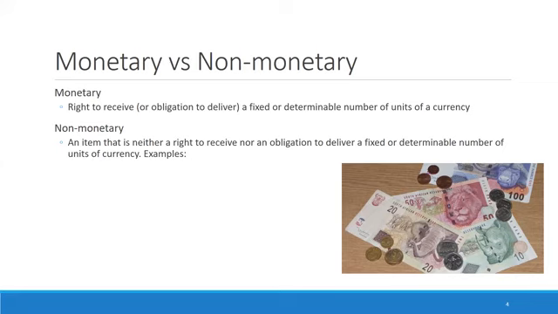This is an item that is neither a right to receive nor an obligation to deliver a fixed or determinable number of units of currency. Some of the examples that you are already familiar with include PPE, intangible assets, inventory, and prepaid expenses. So all these items are considered non-monetary, whereas monetary really refers to some form of cash.